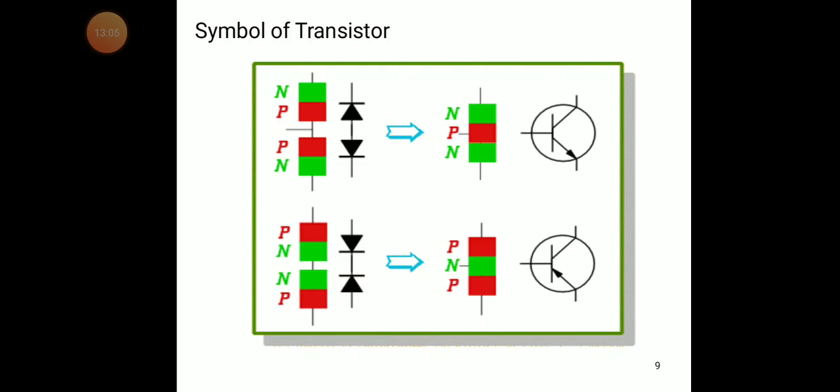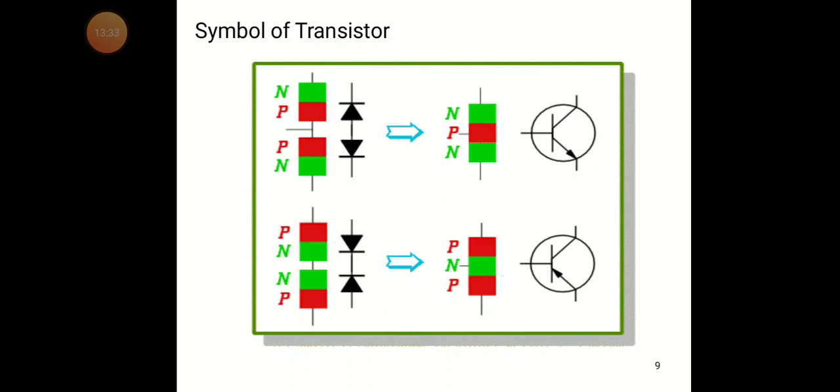The terminal on which the arrow symbol is there, that is the emitter terminal. NPN, PNP. So we have the two P terminals here. You can take any one. The one having the arrow symbol is called the emitter.